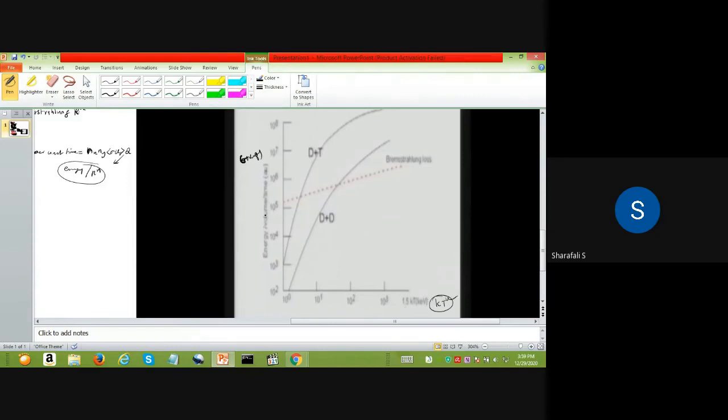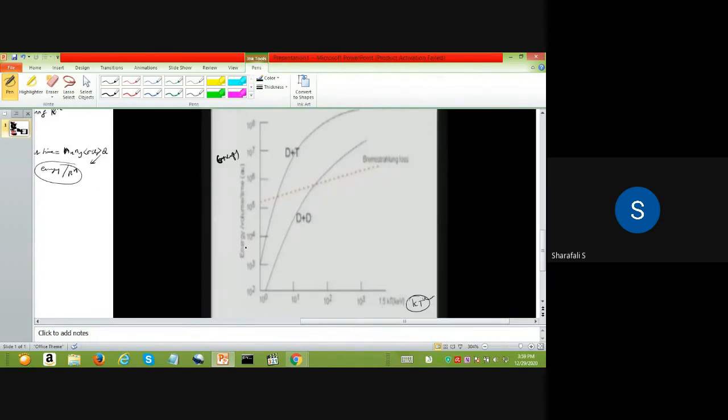It might not be visible for you. This is energy per volume that we have to consider. This is the temperature dependent kinetic energy of those lighter nuclei. So this is the Bremsstrahlung loss, this dotted line you can see from here.